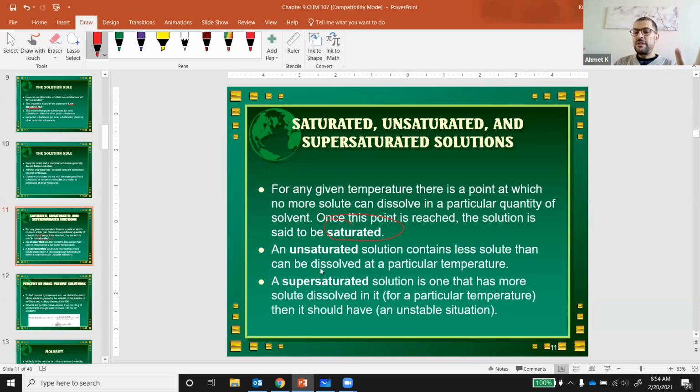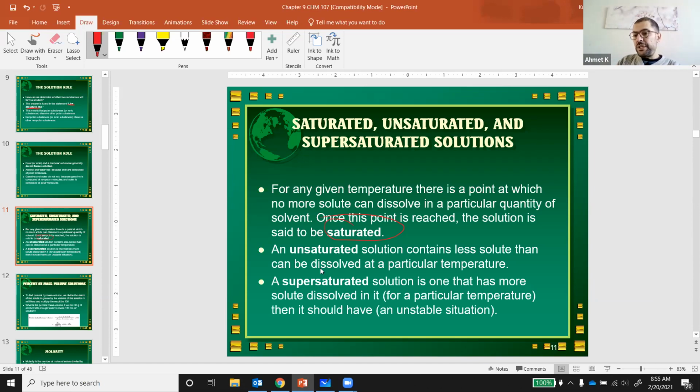And we call this solubility. We don't have to dive into it, but it's given in gram per milliliter. At that point, you won't be able to dissolve more solid into that solvent. That's what it is.